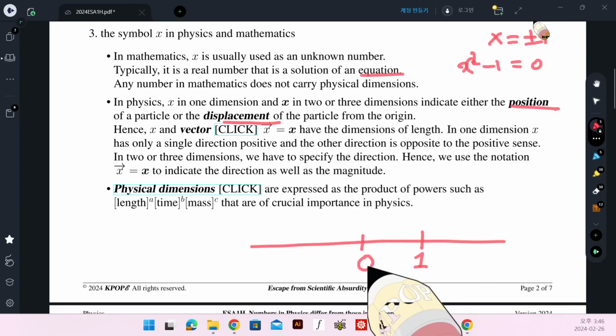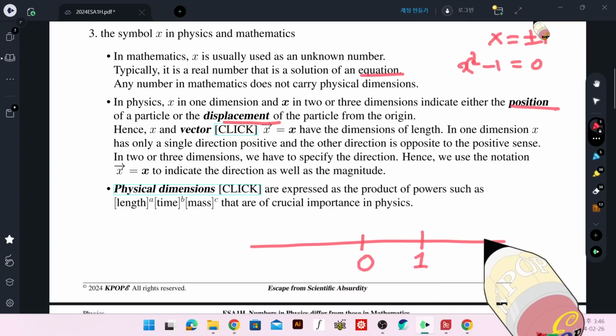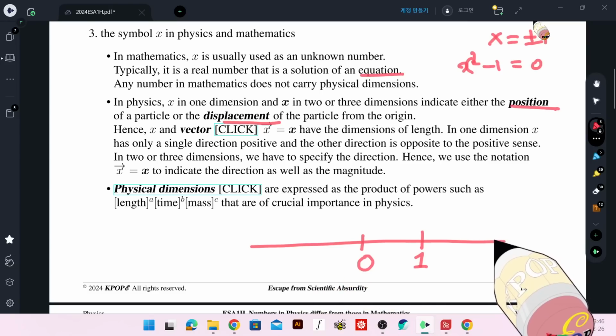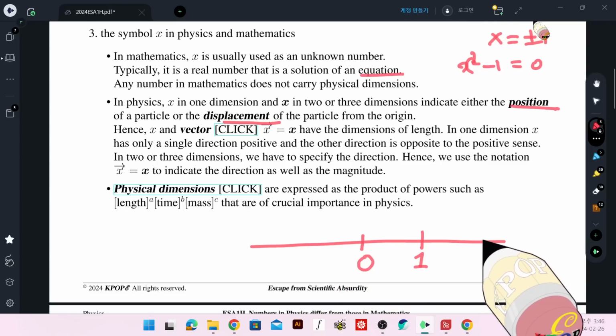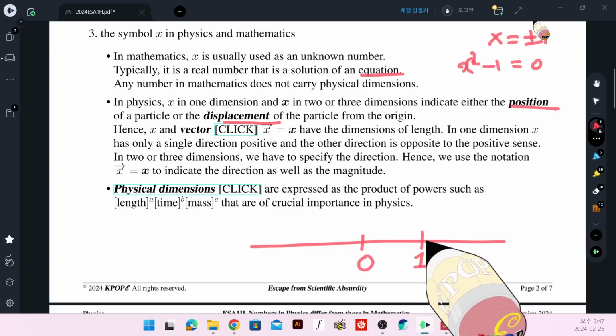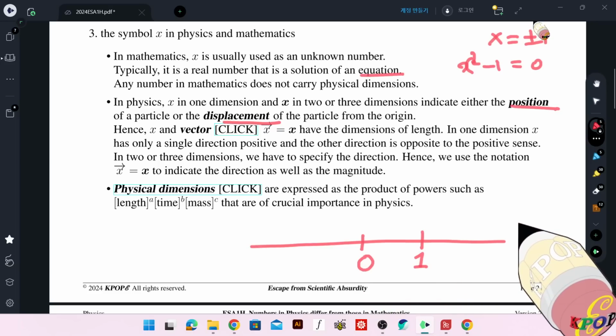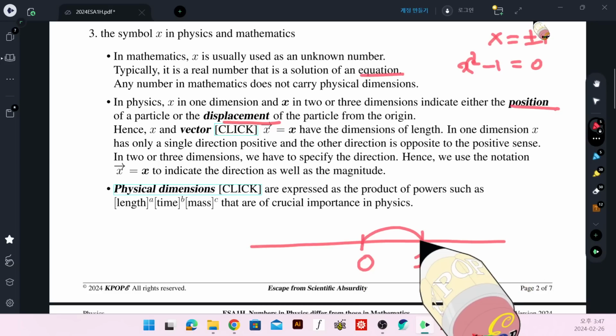As soon as you choose these 2 points, any point on a straight line has a 1-to-1 correspondence with a real number. So once you define a reference point, any point can be expressed as a multiple of a unit length.